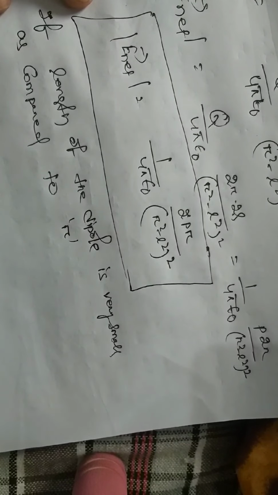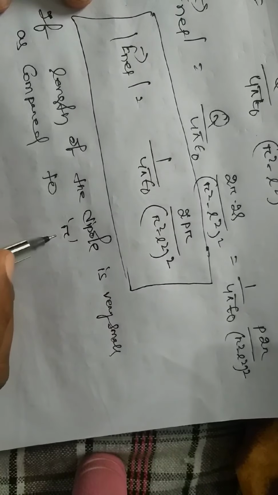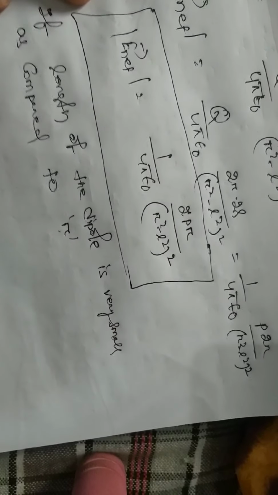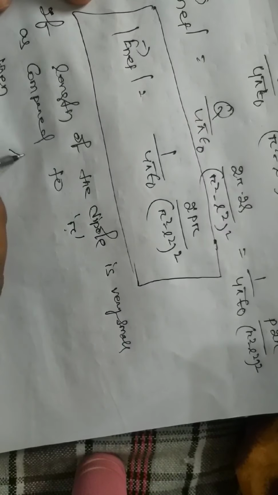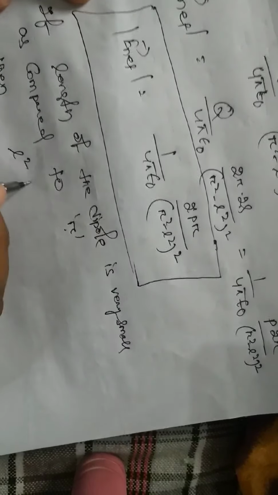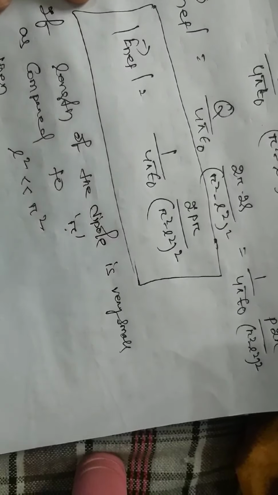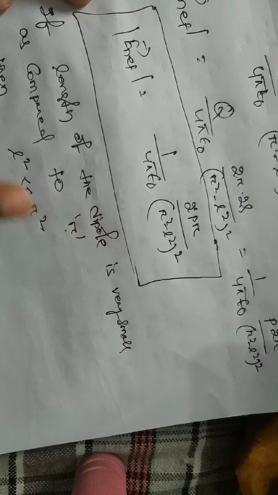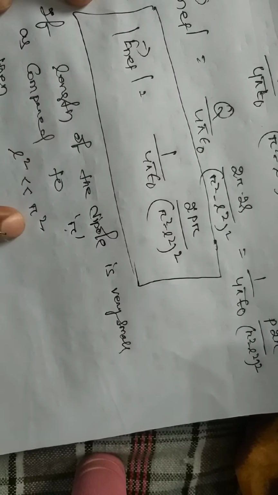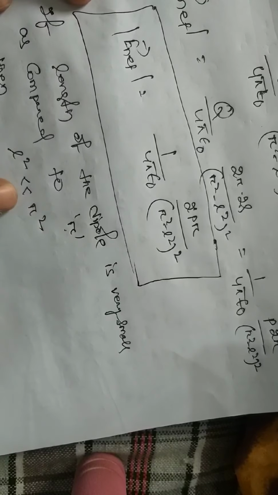R means the distance between the center of the dipole and the point P where we have to calculate the electric field intensity, that is OP is distance r. Then the square of the length of the dipole, that means L square, is much less than r square.